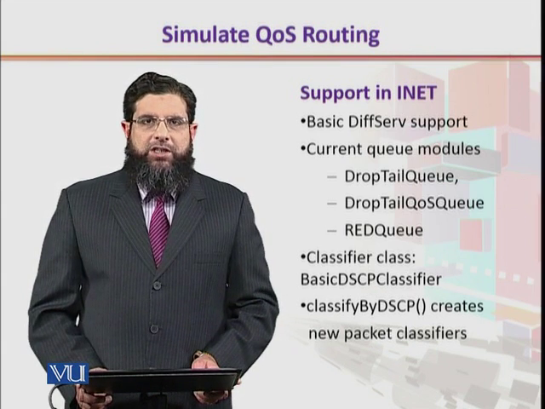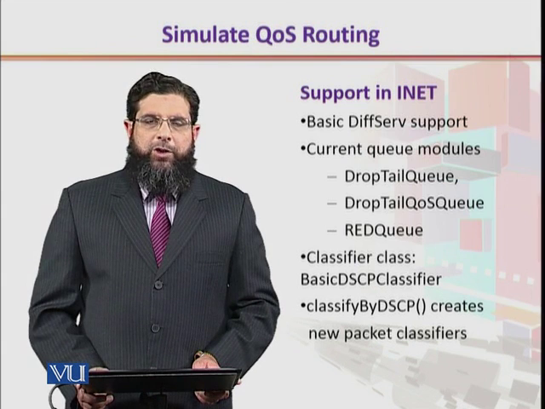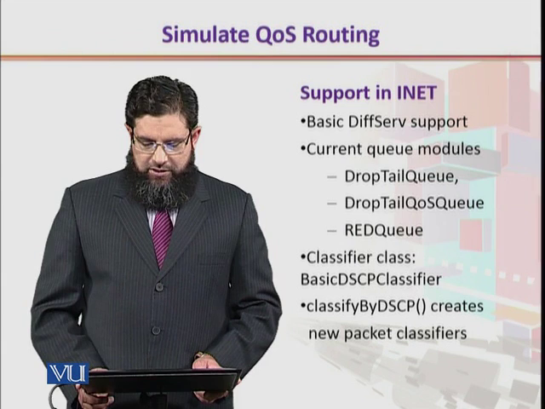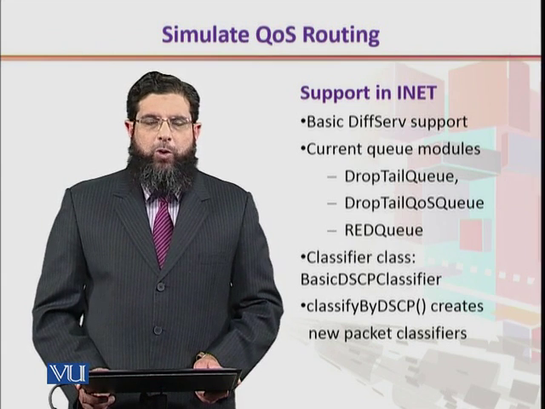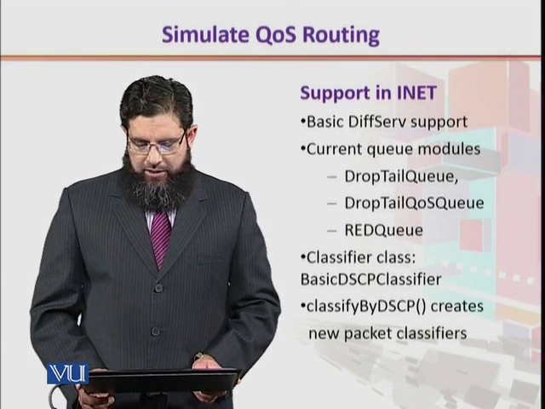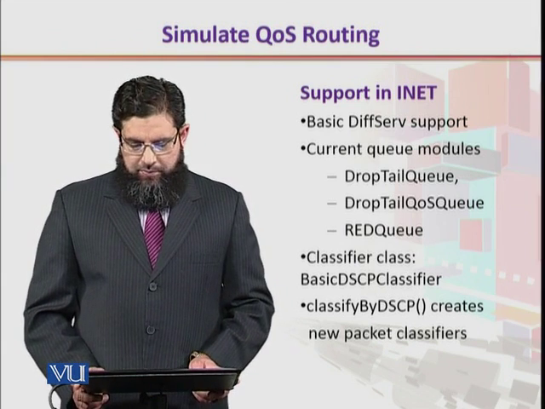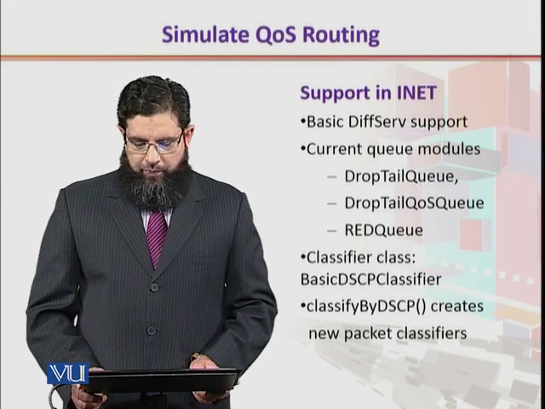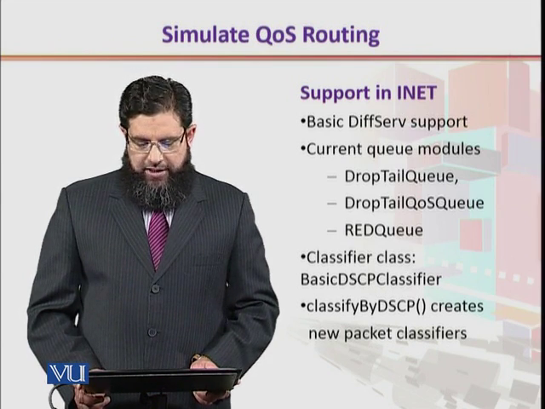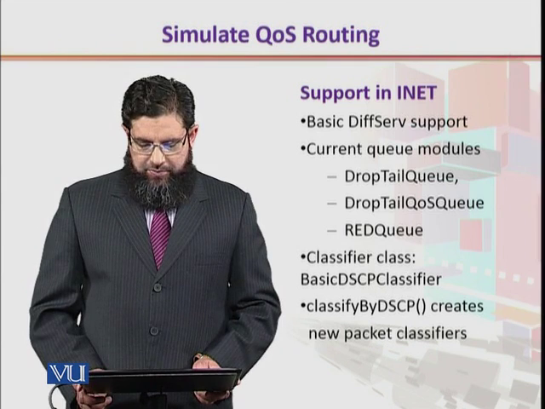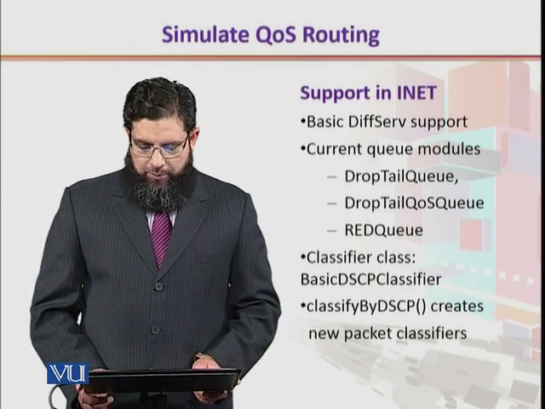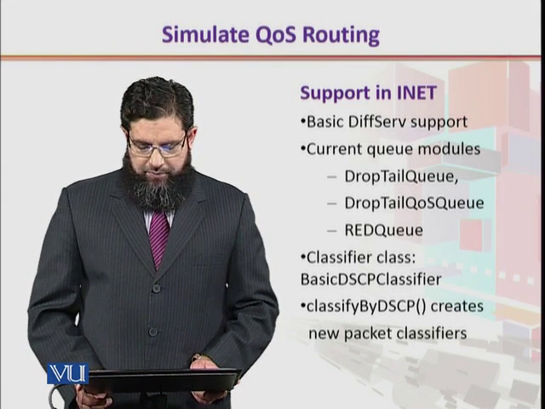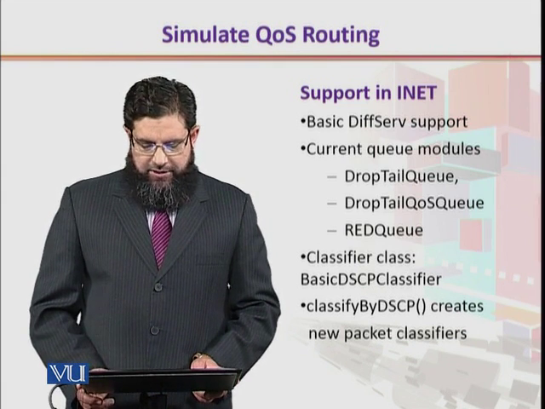Since differentiated services implements queue management as scheduling and drop preference, the current queuing models supported in INET are the drop tail queue, the drop tail quality of service queue, which is multiple queues, and random early detection. INET also supports the differentiated services code point classifier as the basic DSCP classifier.